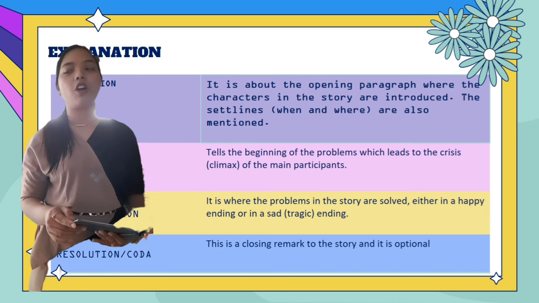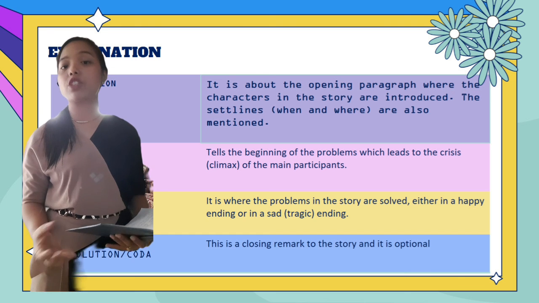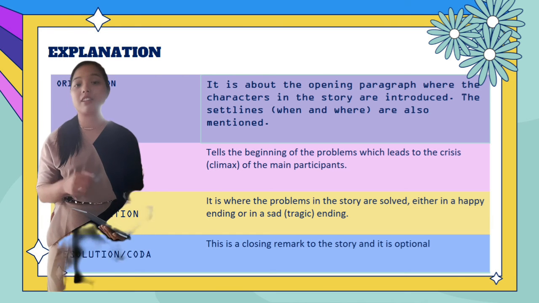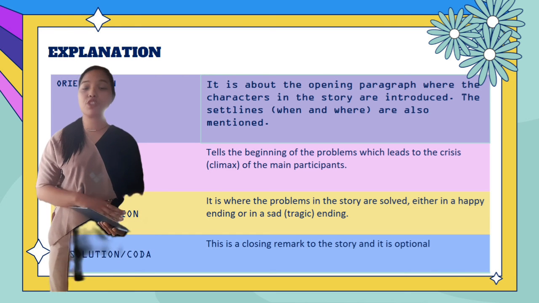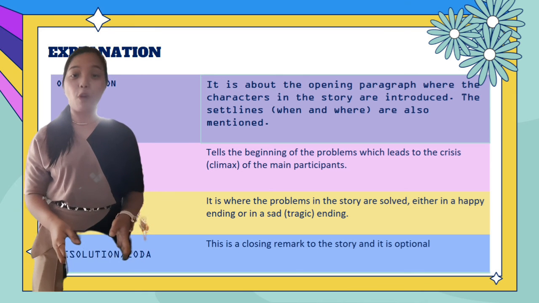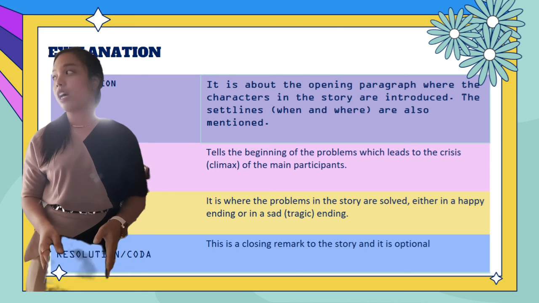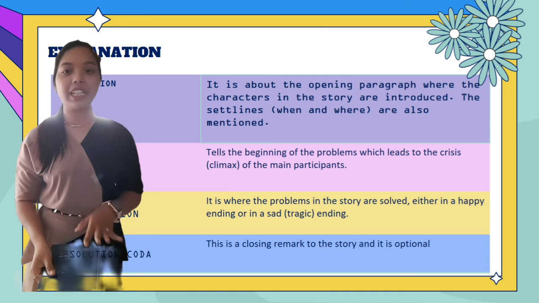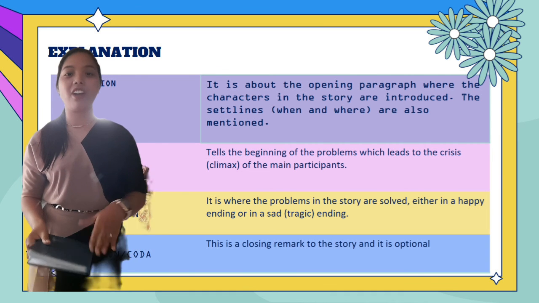It depends on the length of the story. The third, about resolutions or climax. It is where the problems in the story are solved, either in a happy ending or a sad ending.